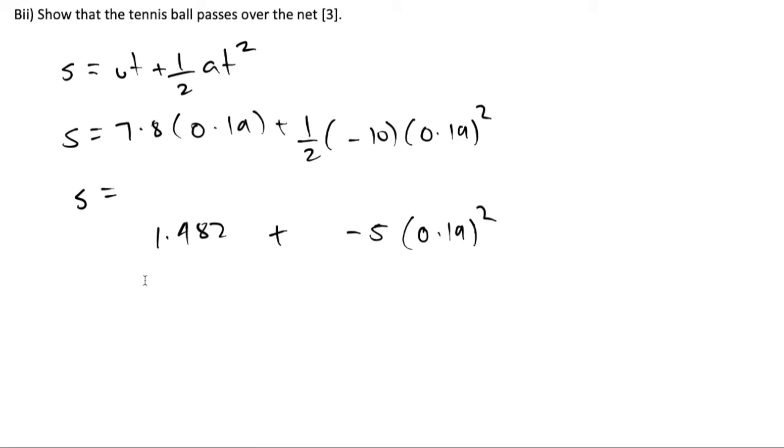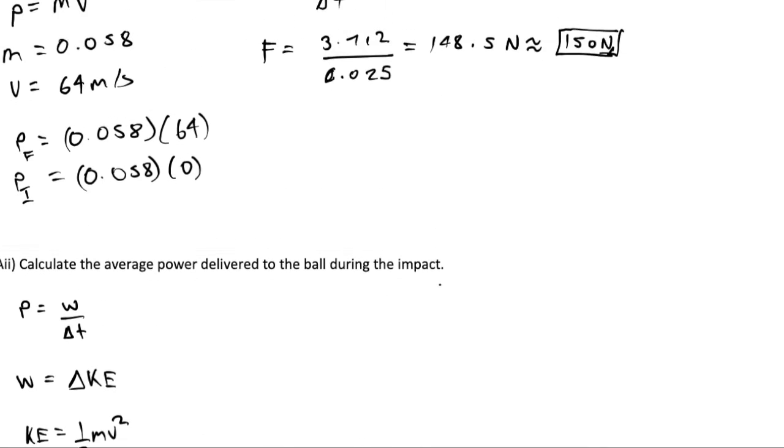That gives us 1.482 minus 0.1805. So we get the displacement is equal to, let's minus these two together, 1.30 meters.